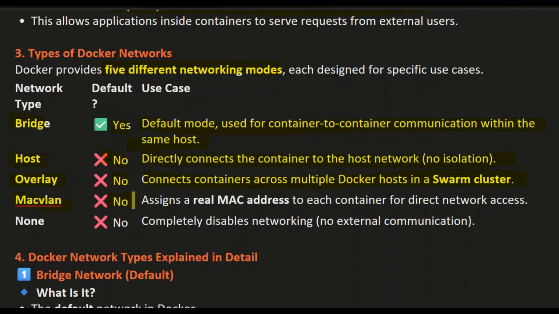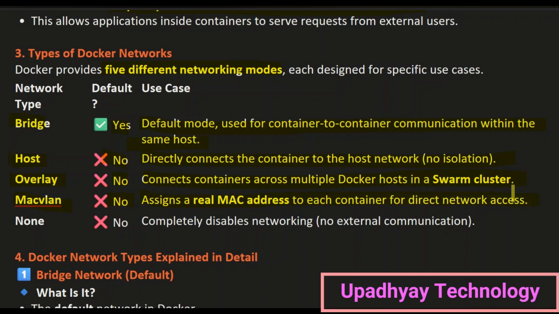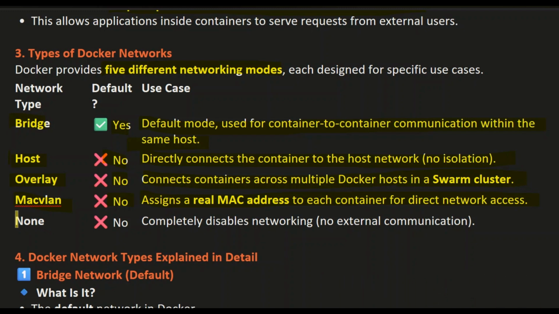Assigns a physical MAC address to containers. Appears as an actual network device on the LAN. Used when containers must communicate directly with external networks. 5. None network. No connectivity. Disables networking completely. No access to other containers or the internet. Used for security and isolated environments.